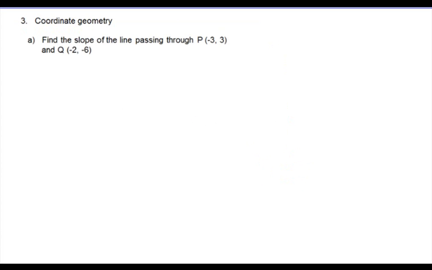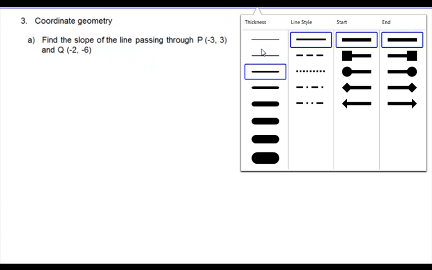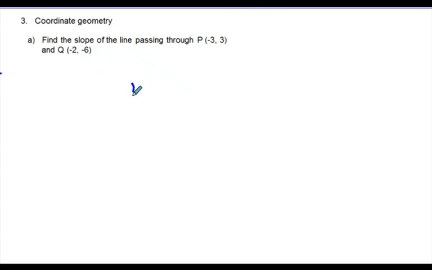Okay, next, the last thing we're going to look at here is coordinate geometry. Find the slope of the line passing through P and Q. Well, this is similar to what we looked at earlier when we found the equation of a line between 2 points. So our m is going to be equal to y2 minus y1 over x2 minus x1.